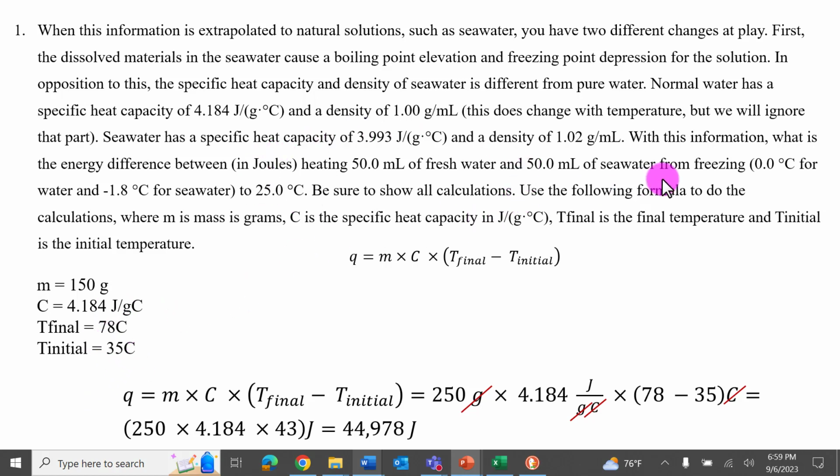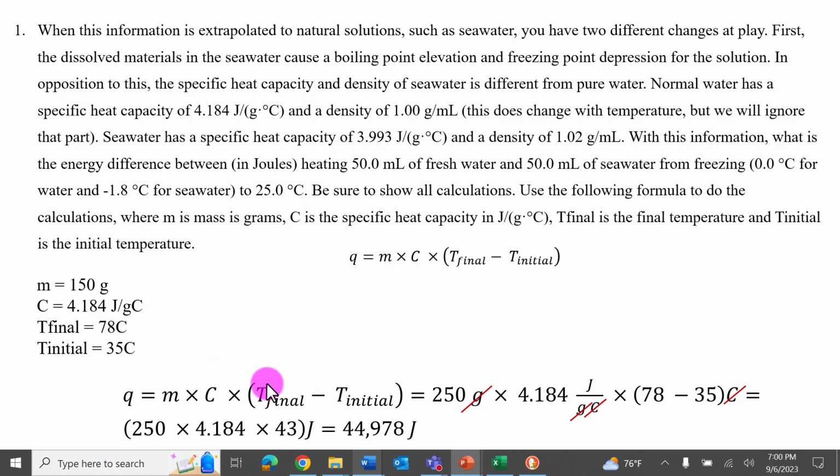Now, in your problem here, note that it's asking you to calculate the energy difference. So you're going to do this twice. You're going to find how much energy is needed to raise the temperature of pure water from 0 to 25, and how much energy is required to raise the temperature of seawater from minus 1.8 to 25.